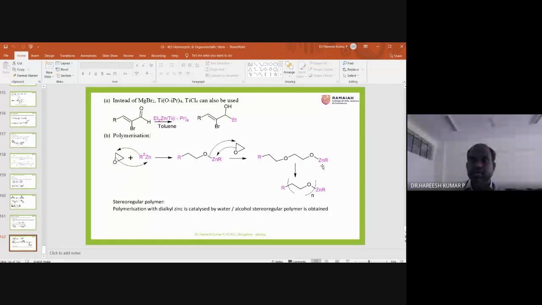That is how a dimer is obtained. This dimer can lead to a polymer. This is the structure of the polymer. It is stereoregular, so you can observe a regularity in the CH2O units. Polymerization with dialkyl zinc is catalyzed by water or alcohol, and a stereoregular polymer is obtained.